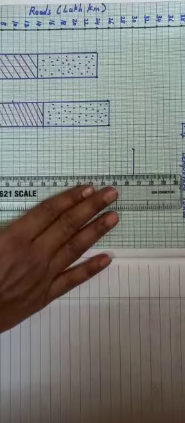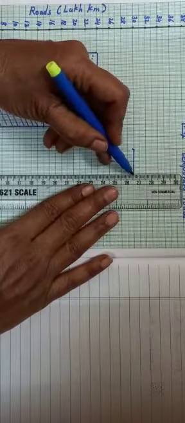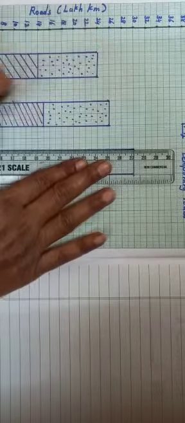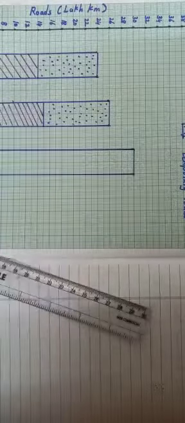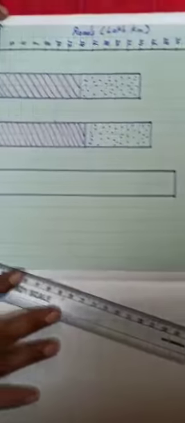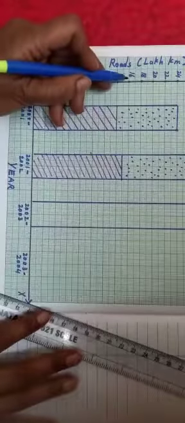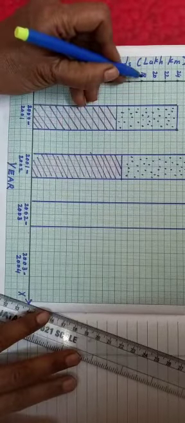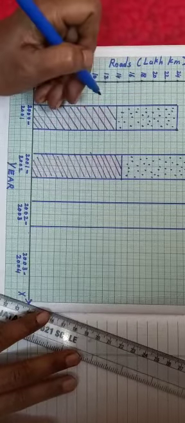And then draw the bar. Now according to the information here, permanent roads 17. So where will 17 be now? See, this is 16. This is 18. So the midpoint of 16 to 18 is this. That is 17.